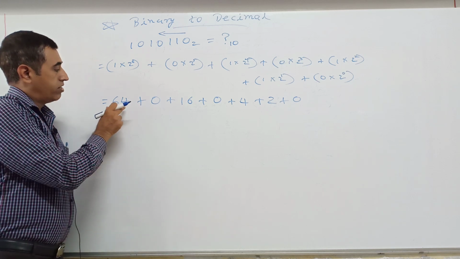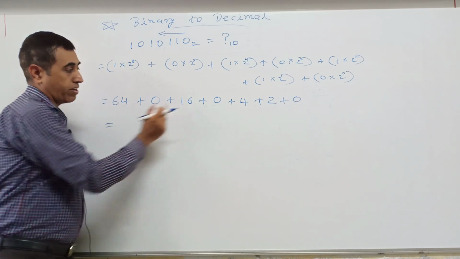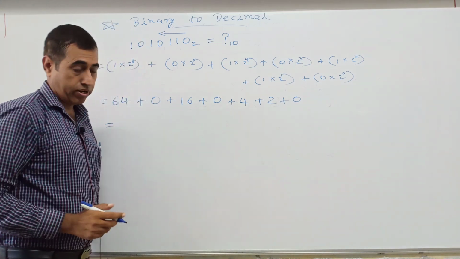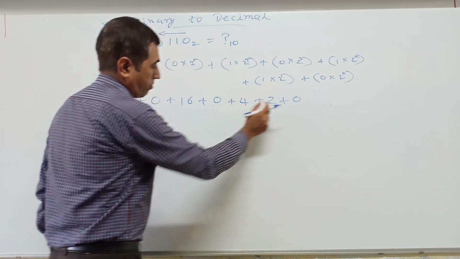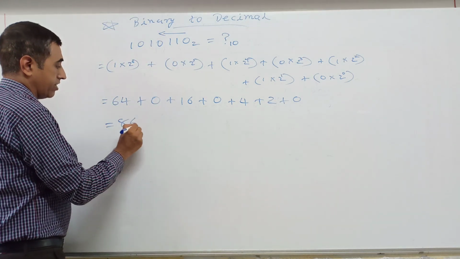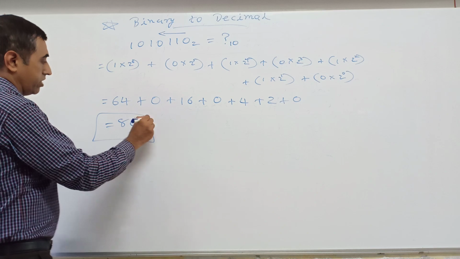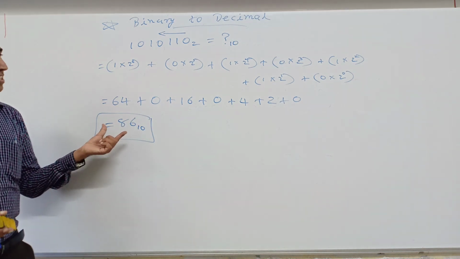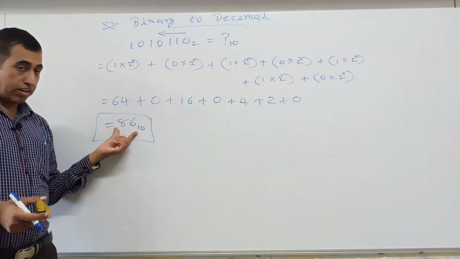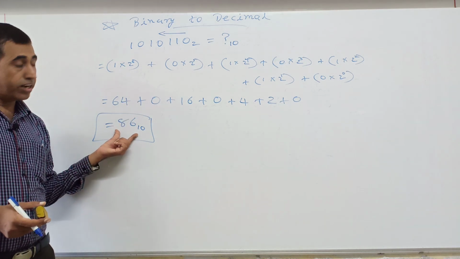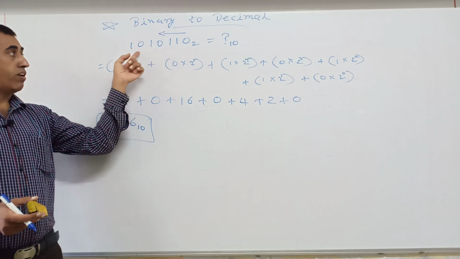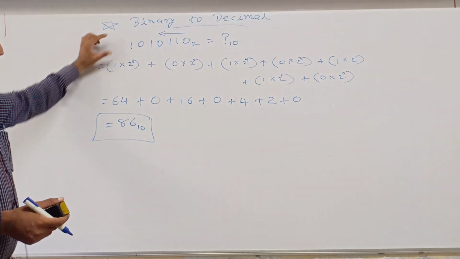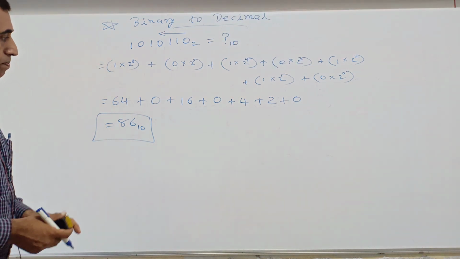And now we have to calculate 64 plus 16, it means 80, 80 plus 4, it means 84, plus 2, it means 86. So this is our decimal number. It means that our decimal number 86, we can represent in binary in this way: 1010110. This is the conversion from binary to decimal.